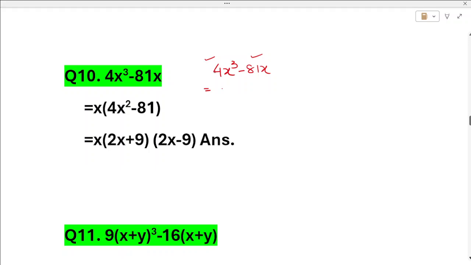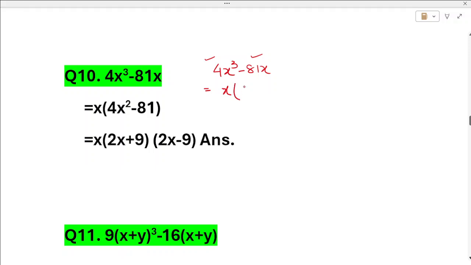One more thing, 4 is the square of 2 and 81 is the square of 9, so we can express it as squares of 2 and 9. Now see x cube and x to the power 1 here. We cannot express it as a square term. So what is the HCF of x cube and x? It is x.